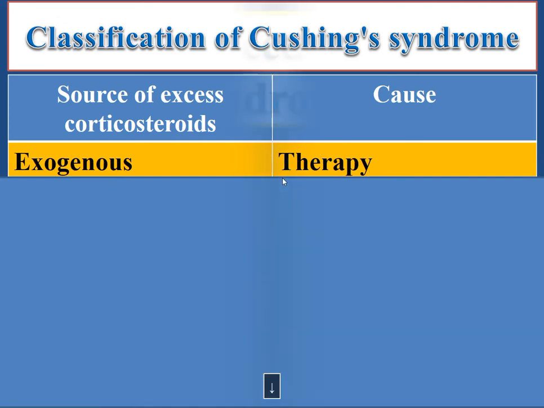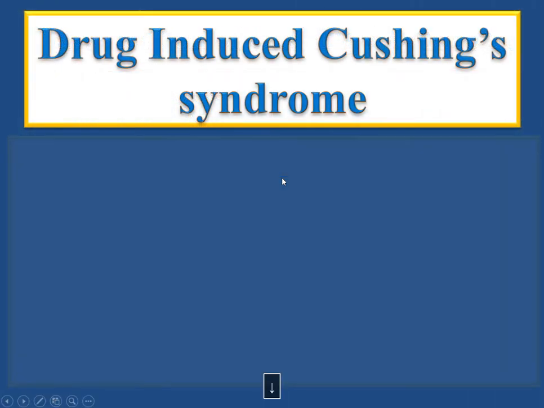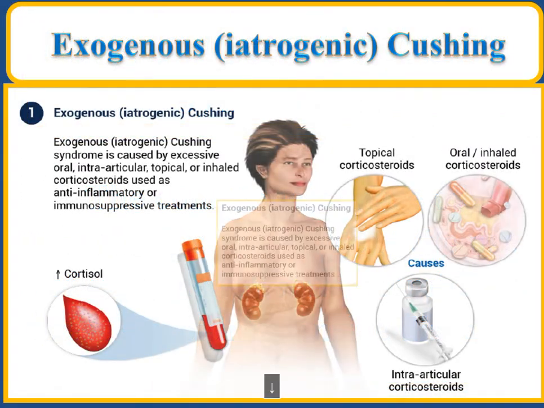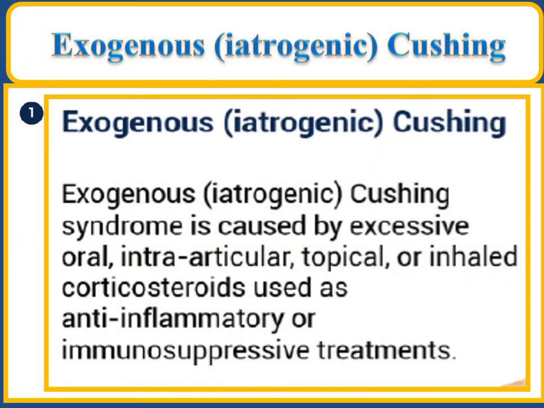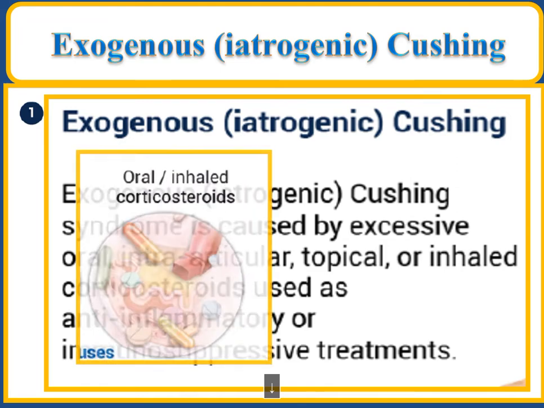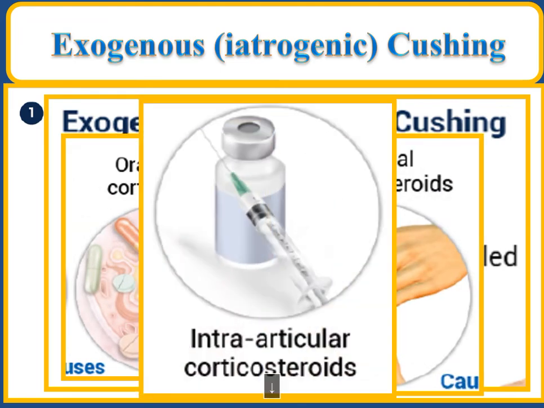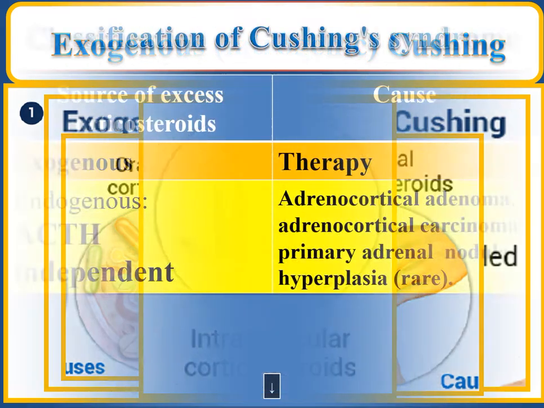Drug-induced Cushing syndrome. The commonest cause of Cushing syndrome is the use of exogenous corticosteroids to treat steroid-responsive disease, such as oral or inhaled corticosteroids, or topical corticosteroids, or injectable, for example, intraarticular corticosteroids.